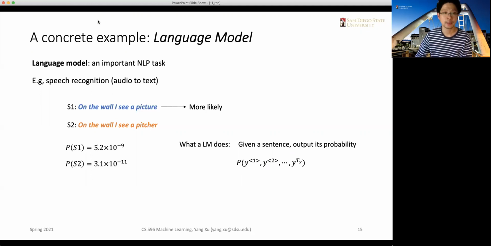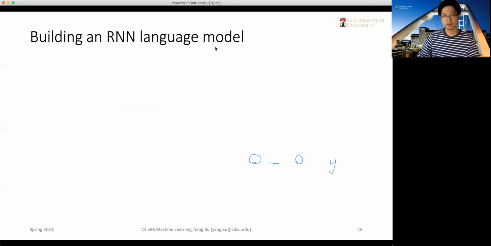Remember, this capital T indicates the length of the sequence y. The one within the sharp brackets means this is the first word, at the first time step, and y2 is the second word, right?